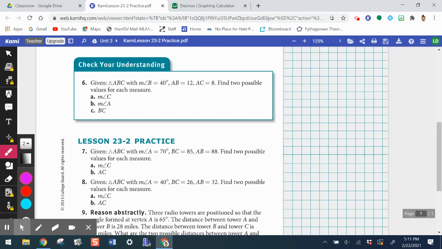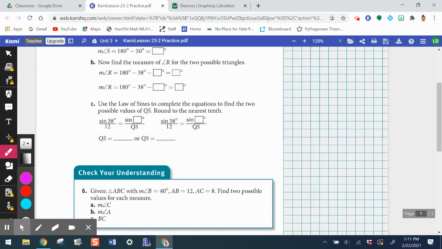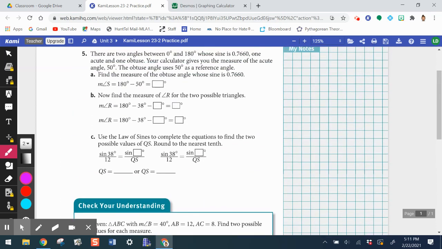So given triangle ABC with measure of angle A 70 degrees, I'm simply going to sketch what possibly a 70-degree angle could look like. And they tell us the distance from A to B is 88. So if A is here, we'll say that B is 88 units along that path, somewhere up here.